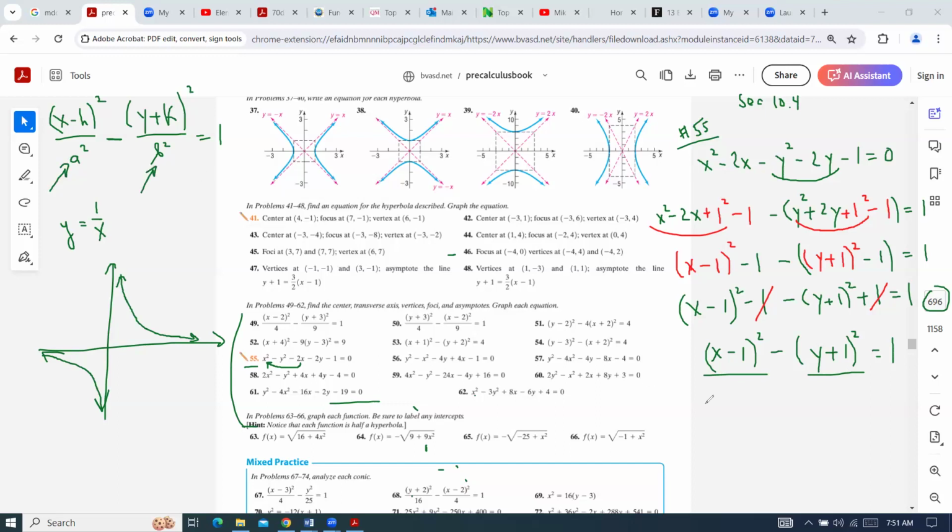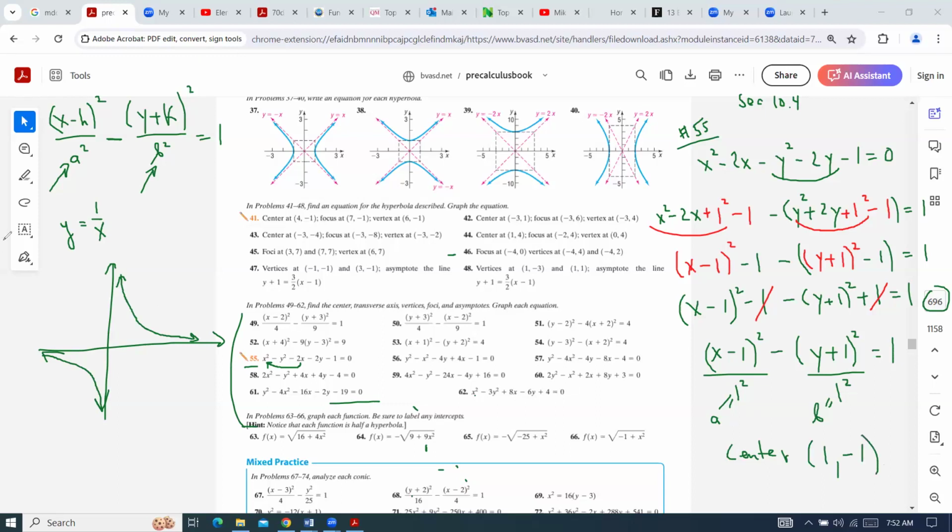Well, you can put 1. Divide by 1 means nothing, so I put 1 squared, the same as 1. So it turns out if there is no denominator, it means it's 1. So my a is 1, my b is also 1. And the center, I just need to change signs. Inside these parentheses will be +1 for x and -1 for y.